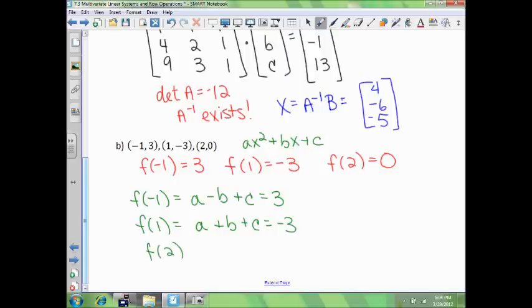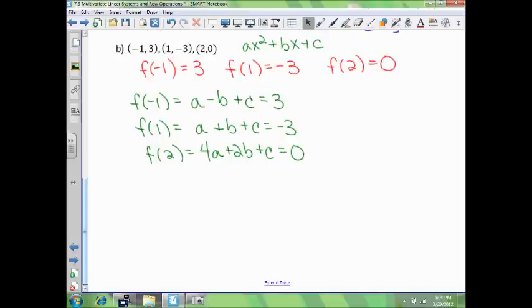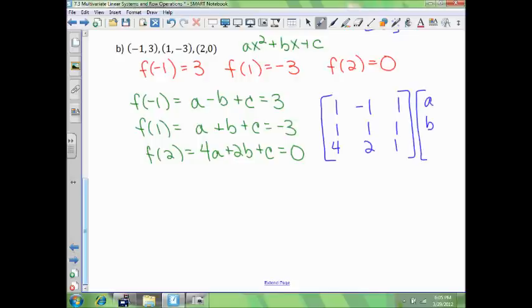And f of 2 will be 4a plus 2b plus c equals 0. Putting this into our matrix, we'll have 1, negative 1, 1; 1, 1, 1; 4, 2, and 1. We're going to multiply it by a, b, c, and that will equal 3, negative 3, and 0.